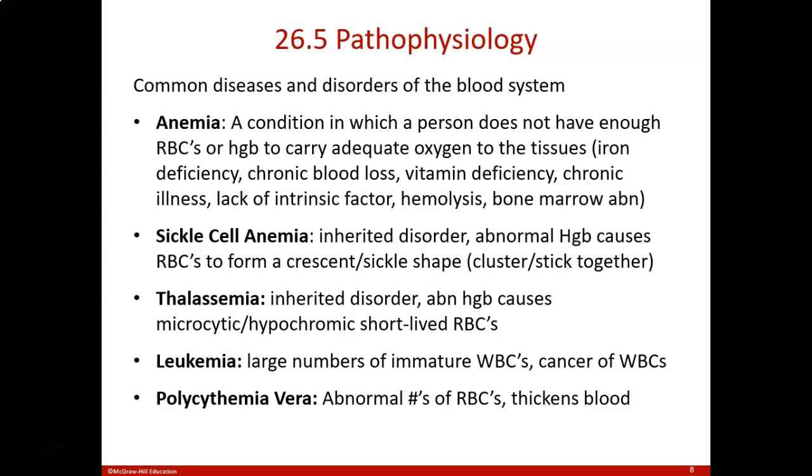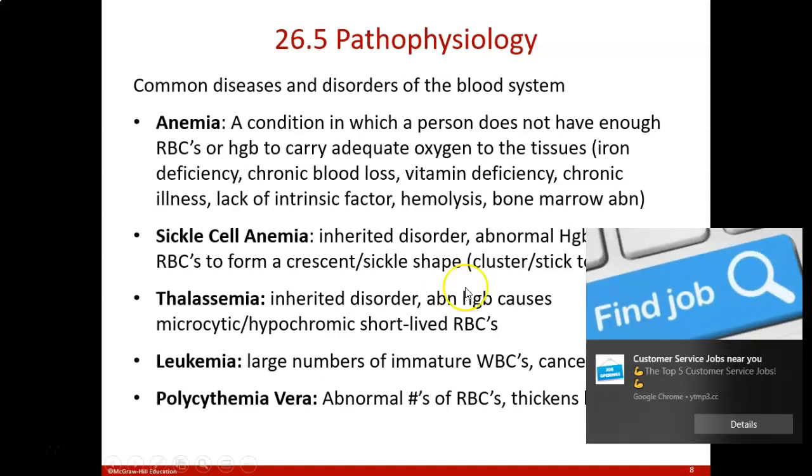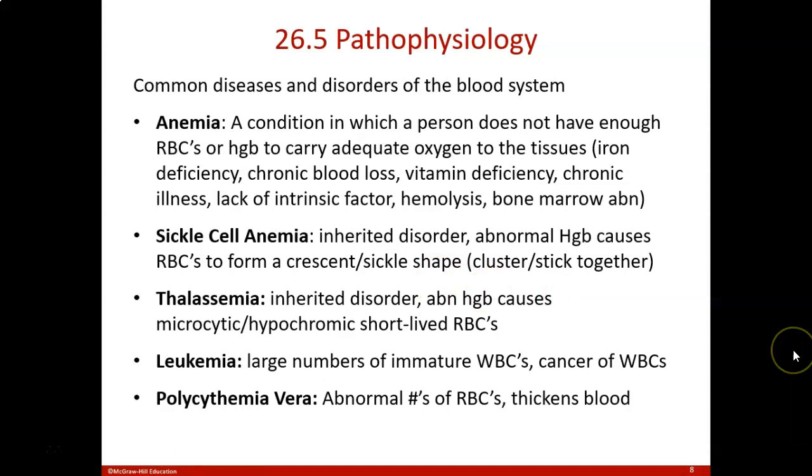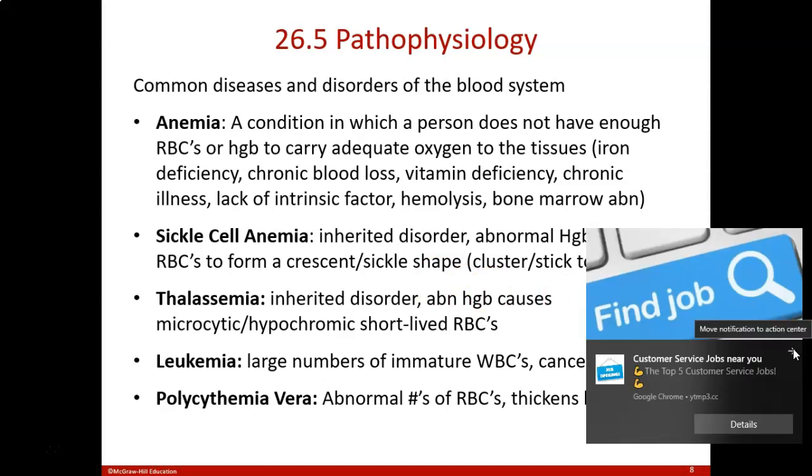Okay, and so chronic blood loss, certain vitamin deficiencies. Vitamin B12 and folic acid are very important in the production of red blood cells. So if there is a lack of B12 or folic acid, then the body cannot make enough hemoglobin or red blood cells, and so that can lead to anemia.